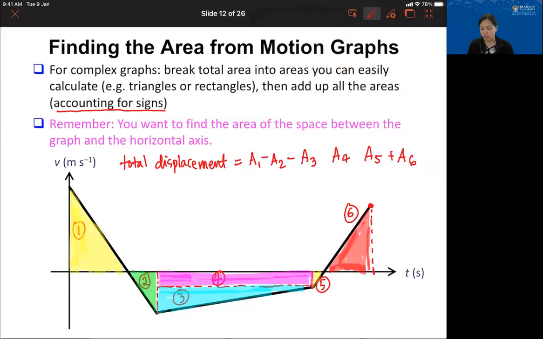Area 3 should also be negative, and so is area 4 and area 5. Right? Okay, good. So yeah, you have to be careful with the signs when you're adding up different areas. If your area is below the horizontal axis, you should be subtracting that area because that area is negative. Right.